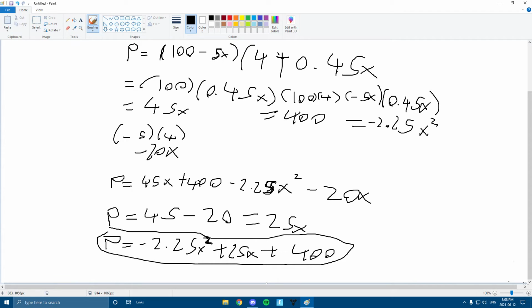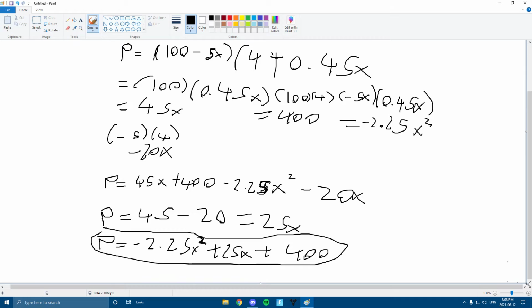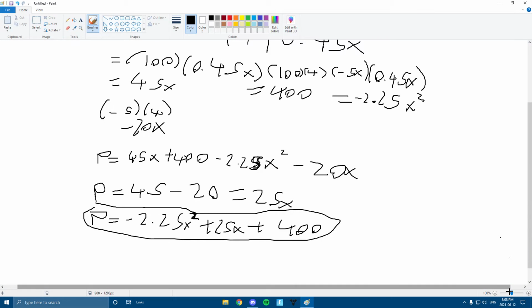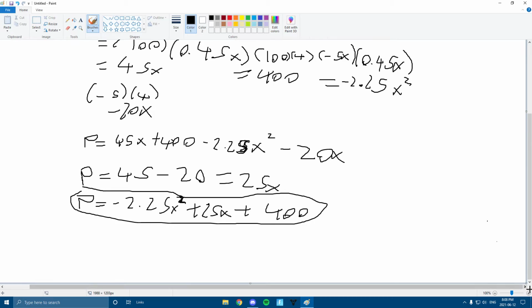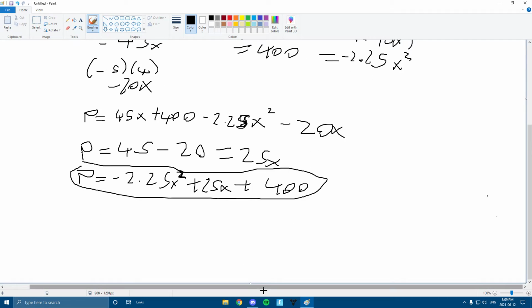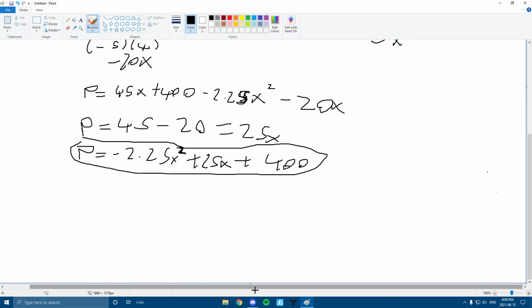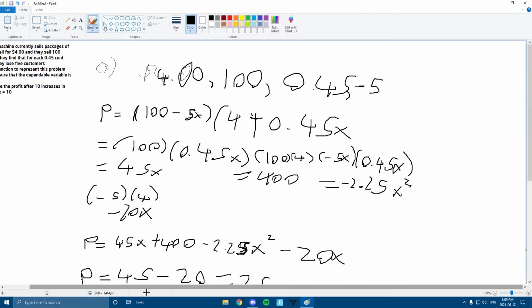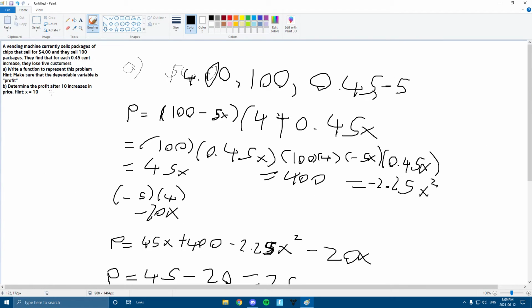And next up, we have the next question. Alright, let's do letter B. The question is asking, determine the profit after 10 increases in price.